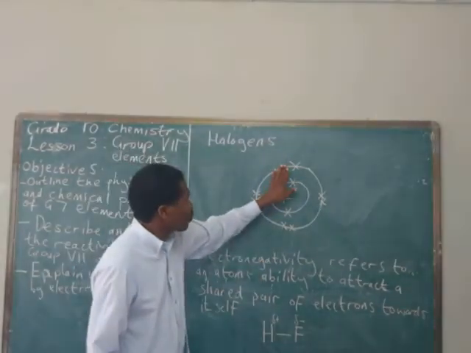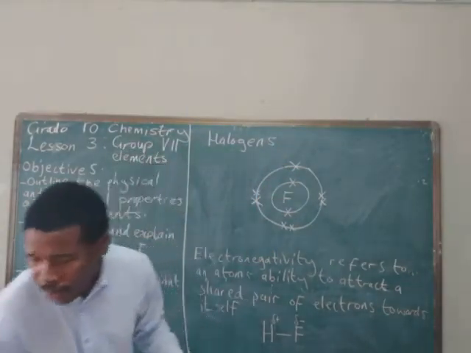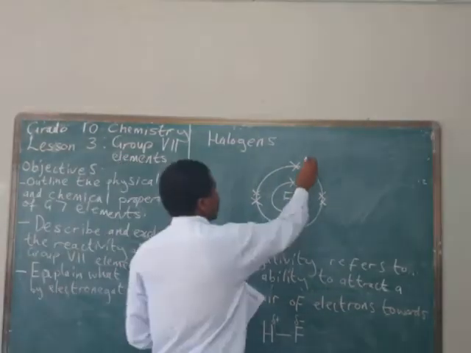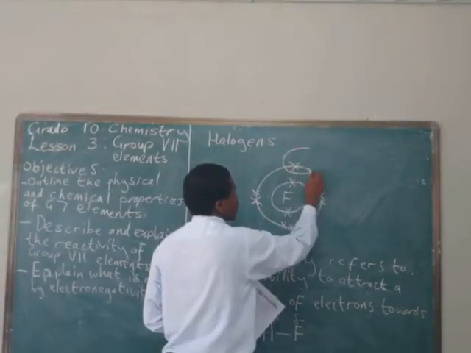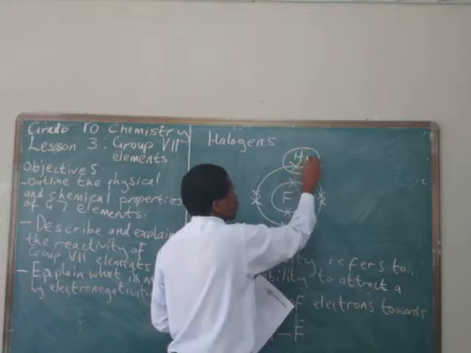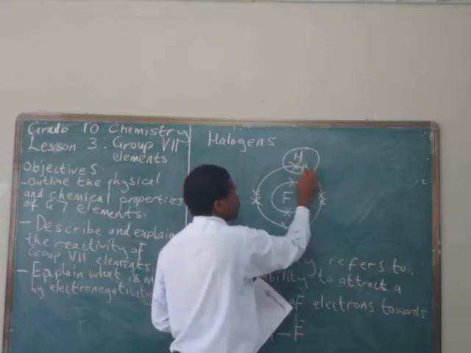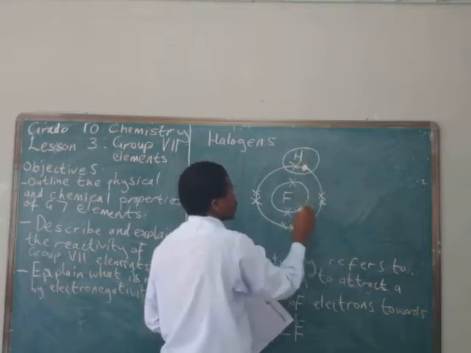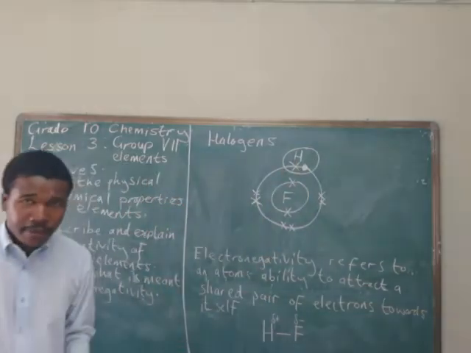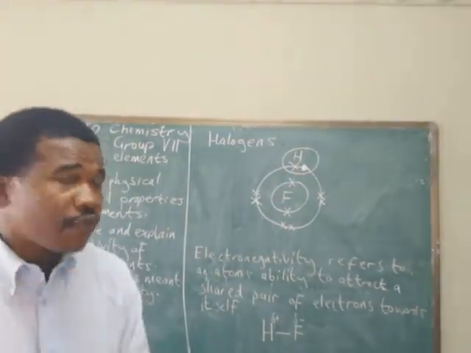So they need to gain one more electron. If there was going to be a covalent bond, and let's say hydrogen comes and bonds here, but it brings its dot here, this is now hydrogen fluoride.